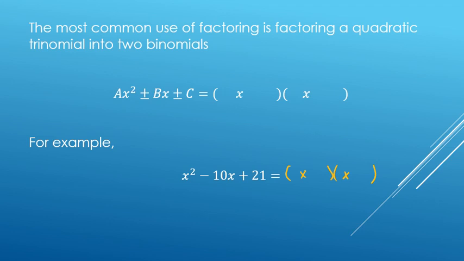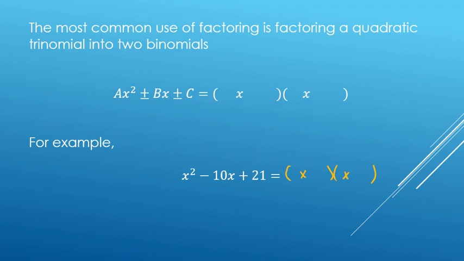Now, I look at the number in front of my x squared. There's nothing written here, but secretly there's a 1 there. So whatever these numbers in front of the x's here are going to be, those two things have to multiply out to a positive 1.